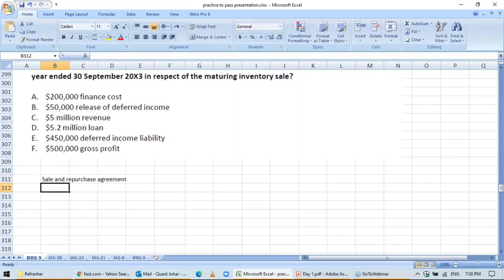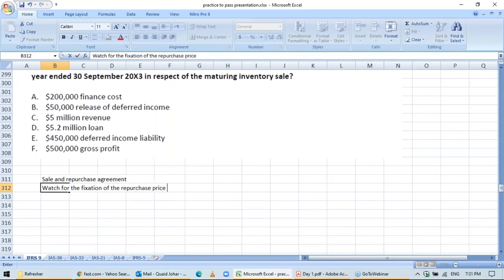So now the point to remember here is, in case of a sale and repurchase agreement, always watch in the question whether the repurchase price has been fixed or not, right? So you need to watch for the fixation of the repurchase price.